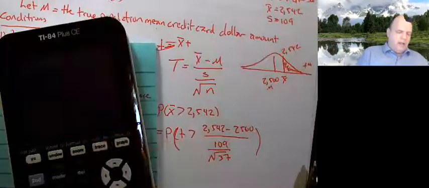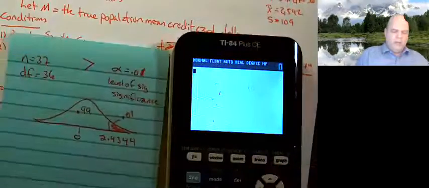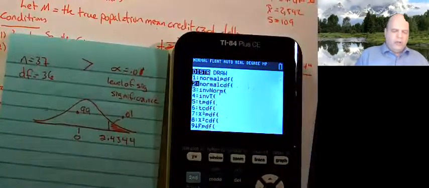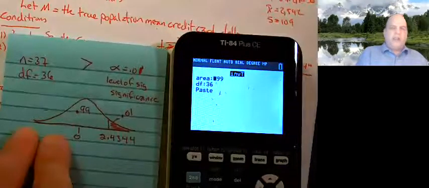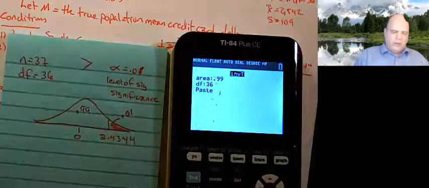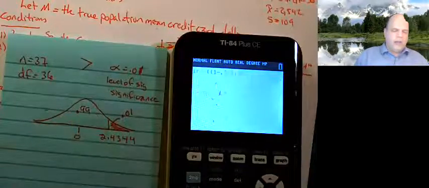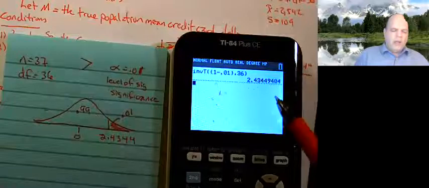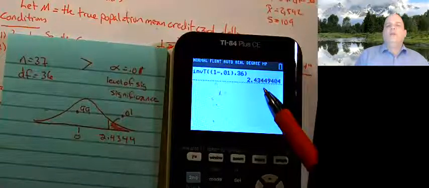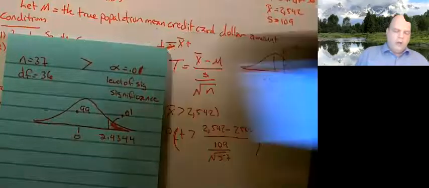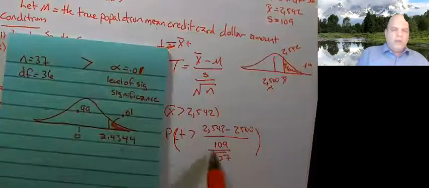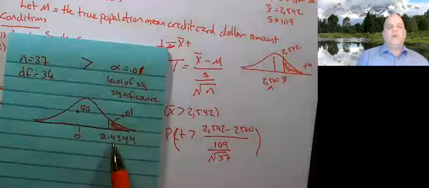And the way I did that, second vars, inverse T. Now, remember the calculator works from left to right, so I needed to go parenthesis 1 minus 0.01, or in other words, just 0.99, this area right here. Degrees of freedom was 36. And I get a critical value of 2.4344.